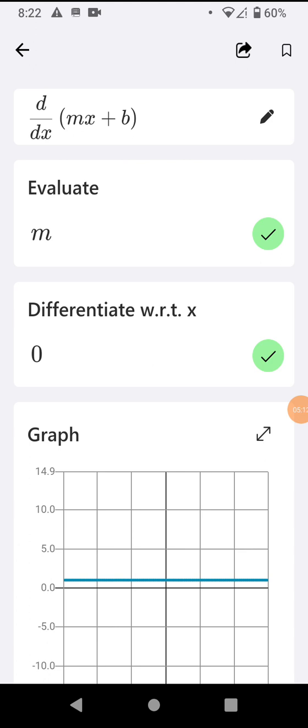So if you add any constant to a function, then the derivative will stay the same.